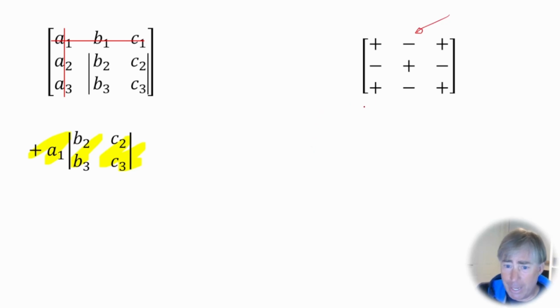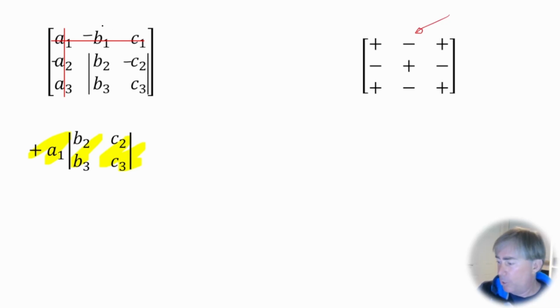So what that does is it affects each of the calculations we're going to do. So for example, this is obviously a positive A1 here, then the next part I would move across, it would be negative B1, positive C1, negative A2, positive B2, negative C2, and so on.